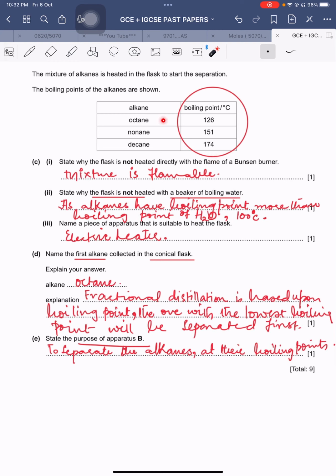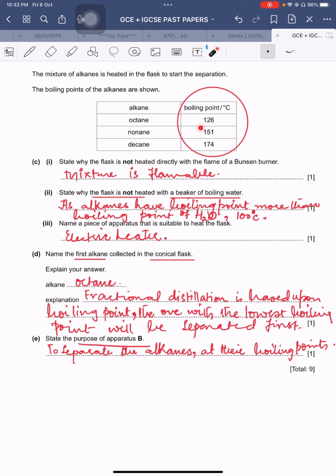So for this type of mixture, we have to have three flasks. One will be the mixture flask, in which we originally took all the mixture. Decane, being the highest in boiling point, will remain there, whereas we will keep the first receiver flask for octane. When the temperature is above 126 degrees Celsius, it gives us evidence that all the octane is removed.